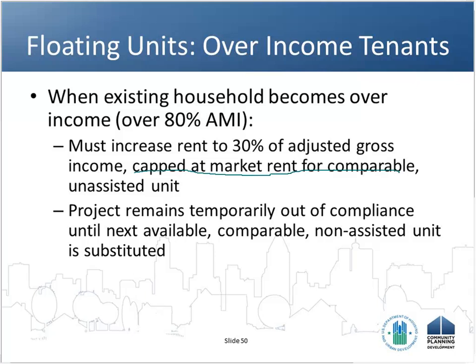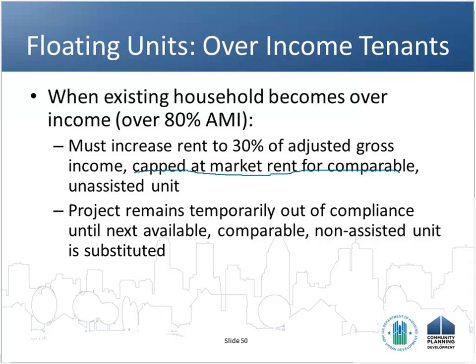So we're going to essentially look generally within that same market area, what would that cap be? For instance, if we have a household where 30% of their adjusted gross income comes to $1,200 a month, and maybe their current HOME rent was $800, we'll calculate that 30% of adjusted gross income, but we'll also figure out what a comparable market rent would be.